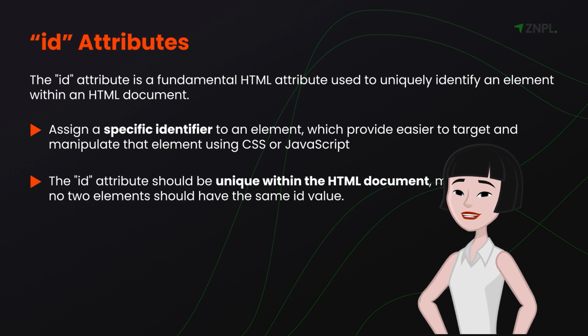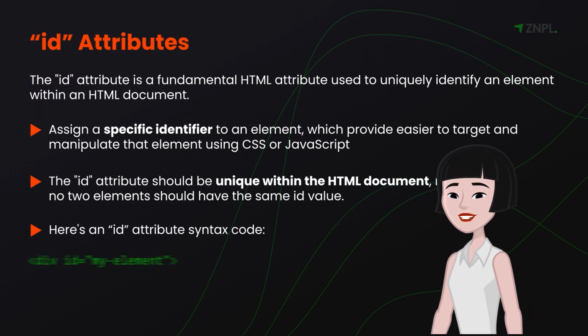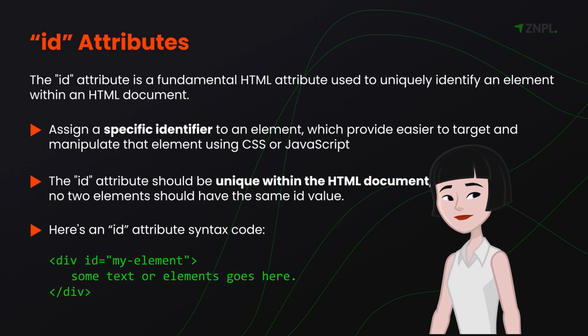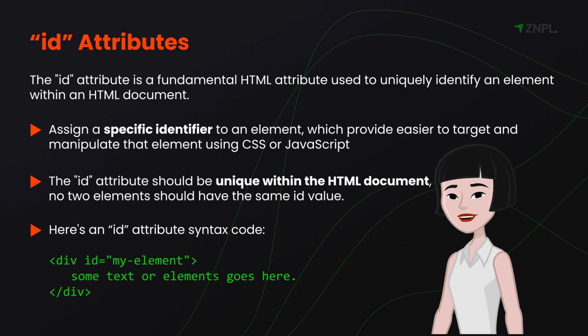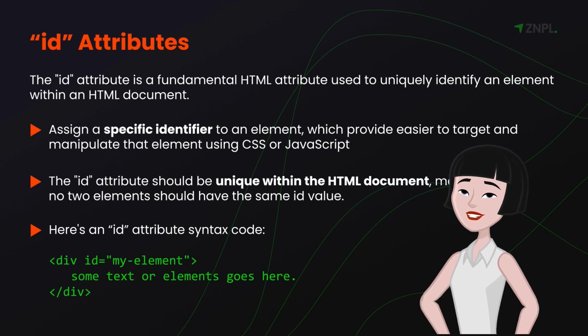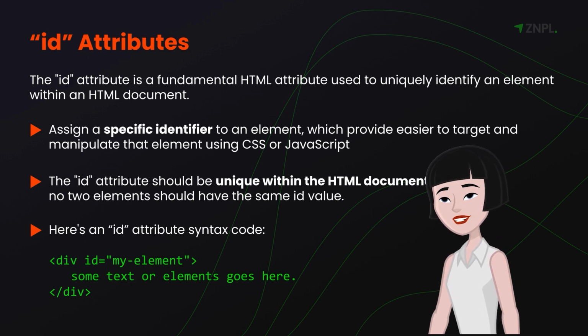The ID attribute should be unique within the HTML document, meaning no two elements should have the same ID value. It is typically used to select and style individual elements or to provide a target for links and JavaScript functions. To assign an ID to an element, you include the ID attribute within the opening tag of the element and provide a unique identifier as the attribute's value.